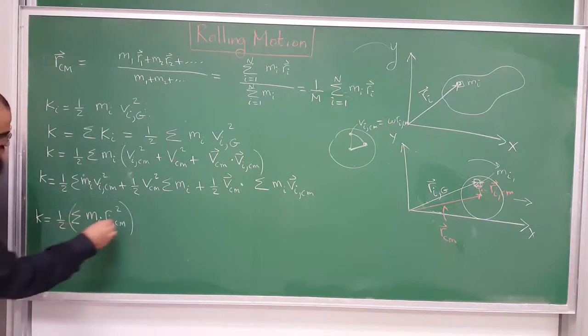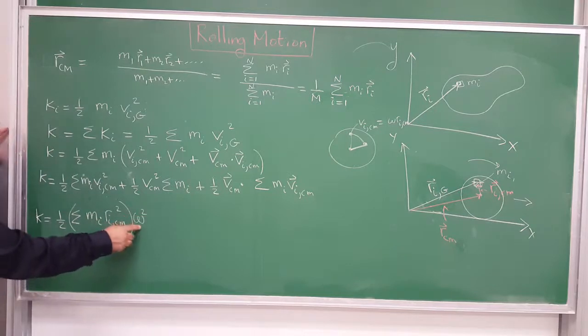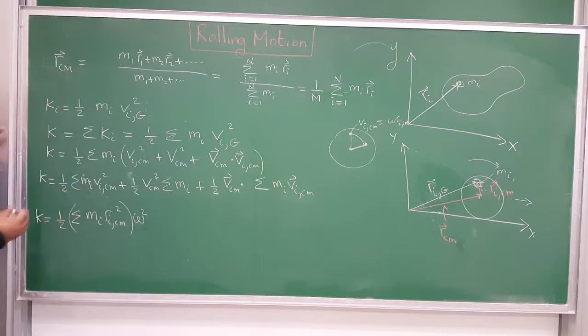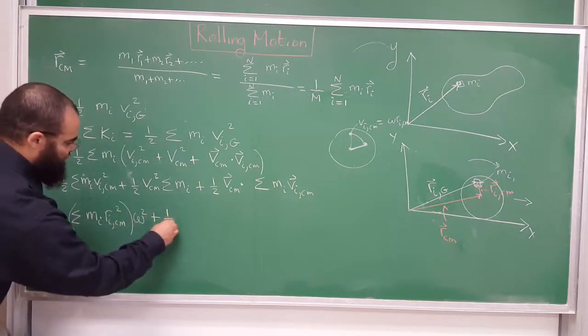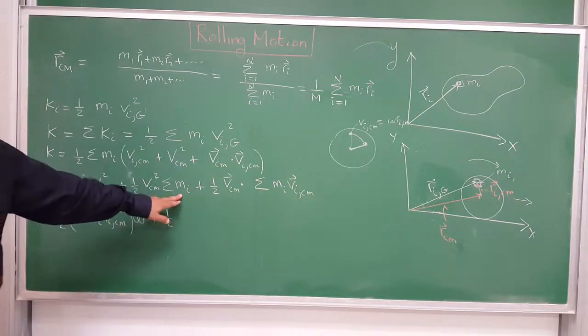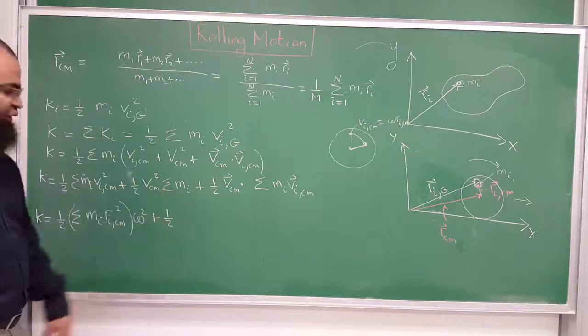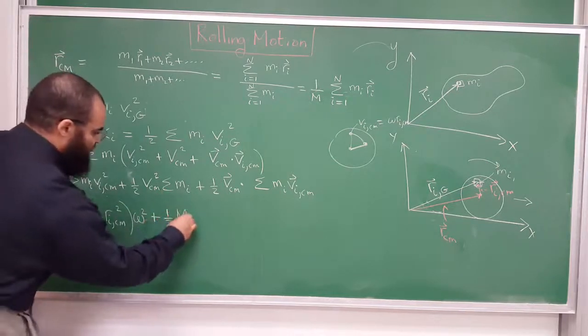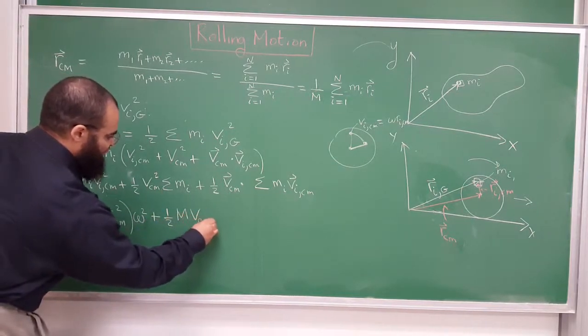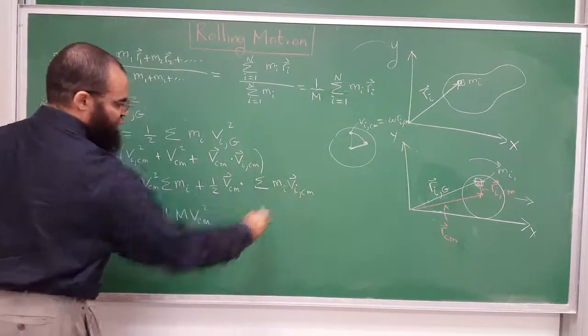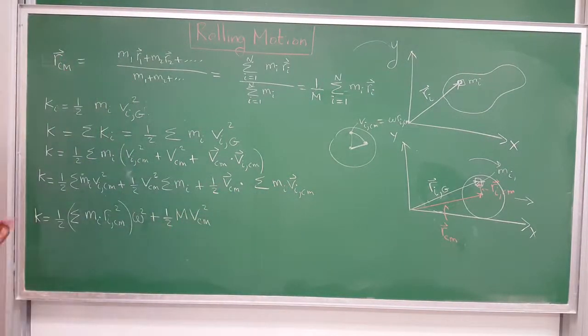So I'll put the omega squared outside, because it doesn't have a subscript i. Everybody's spinning at the same omega, so you can pull it off the summation. And then plus 1/2 sum of mi. When you add all the mi's together, that's just the total mass. So it's 1/2 the total mass times the velocity of the center of mass squared. And this part is 0. I will show you why it's 0 in a moment.